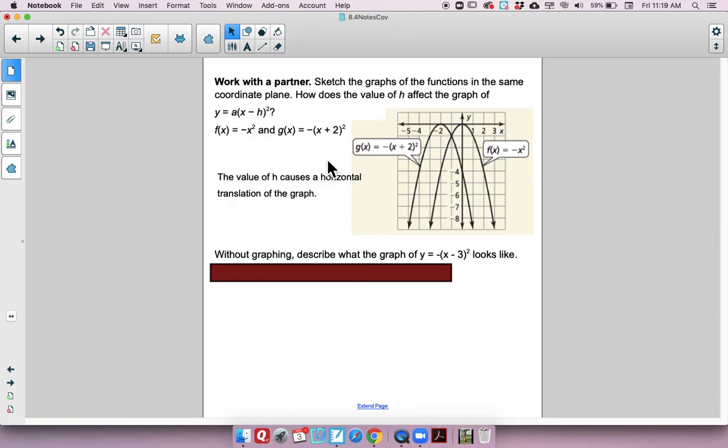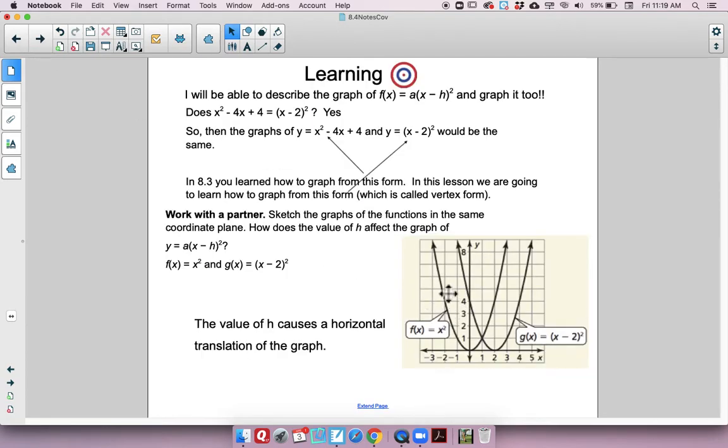Okay, so now let's do this without graphing. Describe what you think the graph of y equals negative the quantity x minus 3 squared would look like compared to our parent function of f of x equals x squared. So what do we think it would look like compared to this one? What would be different about it?